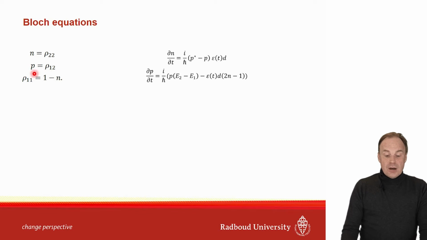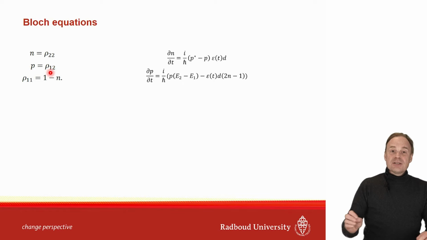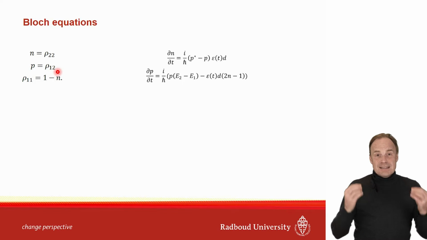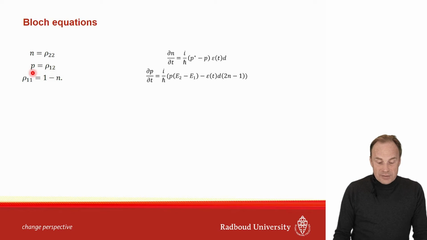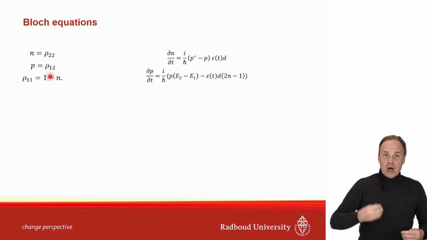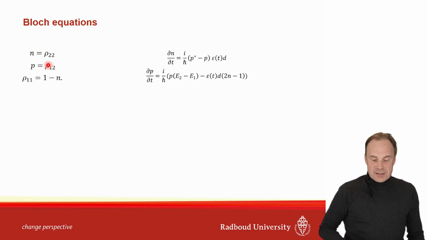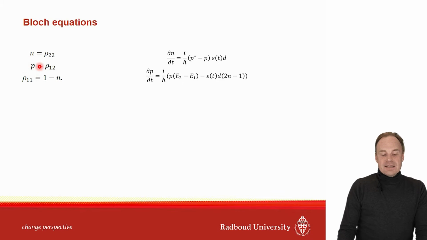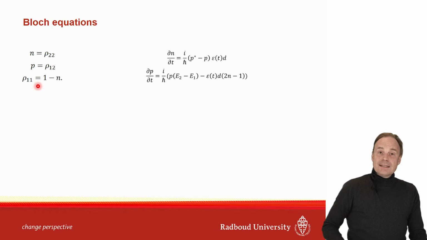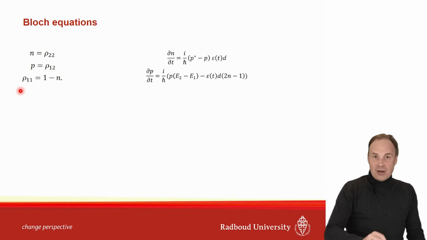But we know that if the off-diagonal element of the density matrix is not equal to 0, it means that the ensemble of two-level systems has polarization which is also not equal to 0. So the behavior of these off-diagonal elements reflects the behavior of the polarization of the ensemble. And finally, the other diagonal element, rho 1,1, is the population of the ground state.